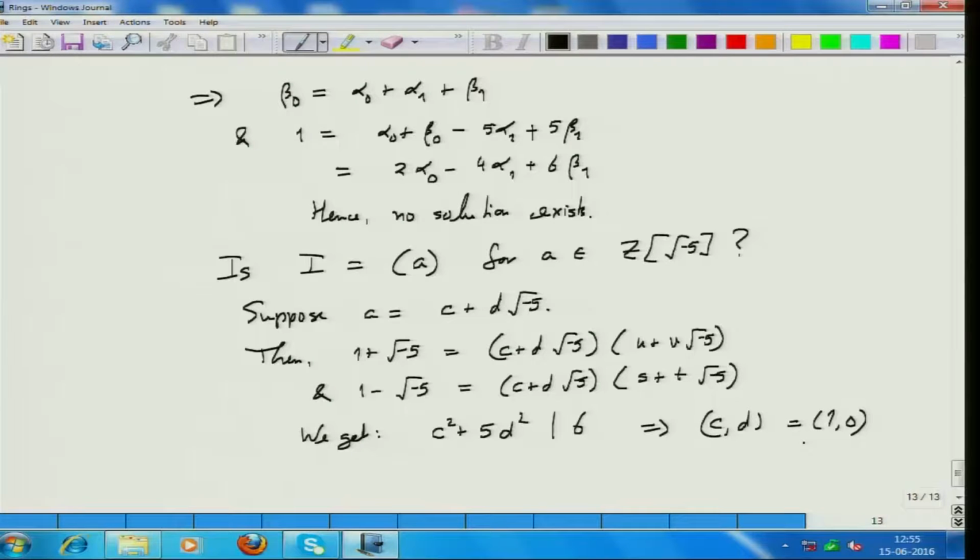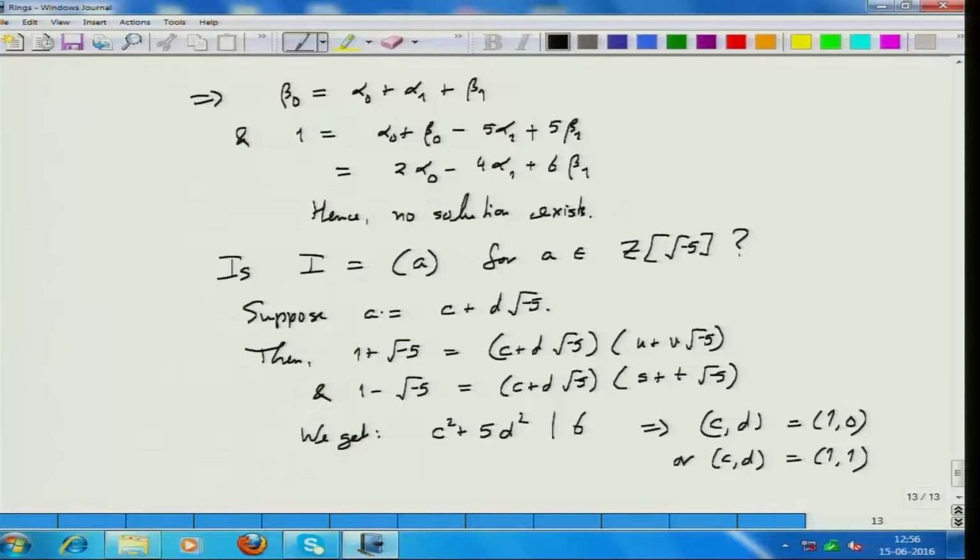Then it is fine. Or D could be 1. In that case, C must be also 1. Okay. So if D is 0, then this is just 1.